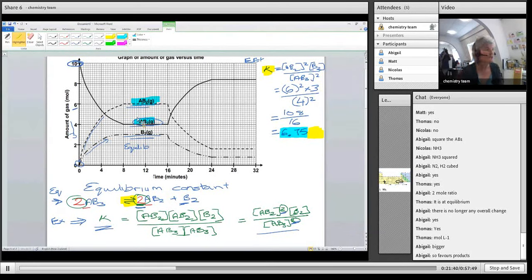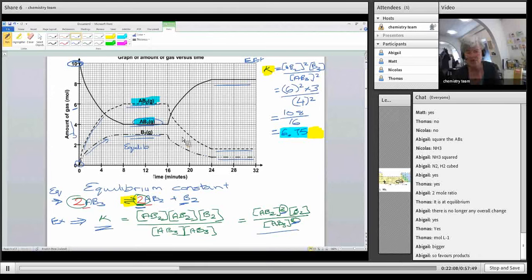Now, let's work it out again using this and this and this area. Just based on what we did last time, what do we notice happening? We notice that there's an increase in the reactants and a decrease in the products.